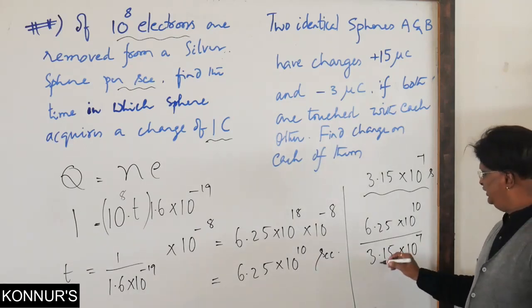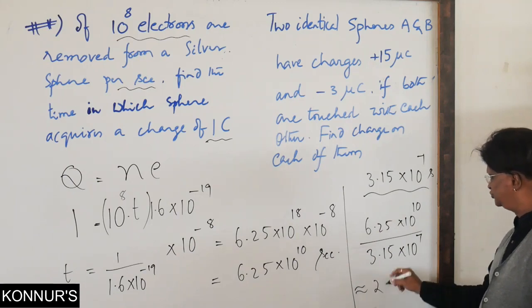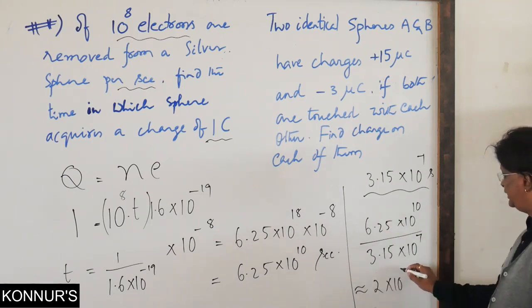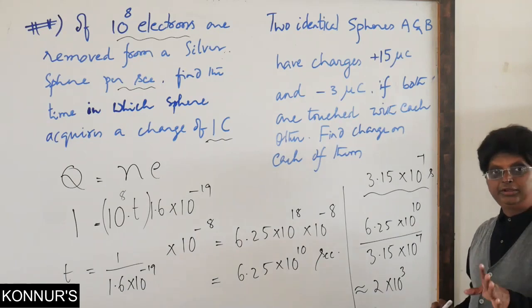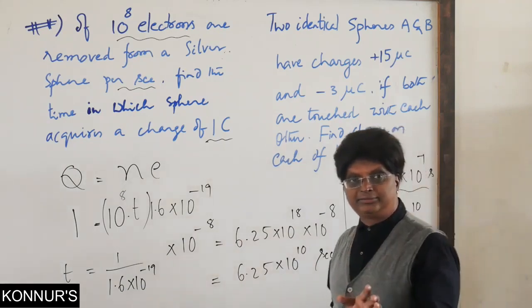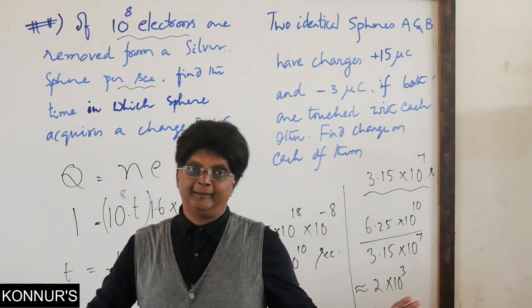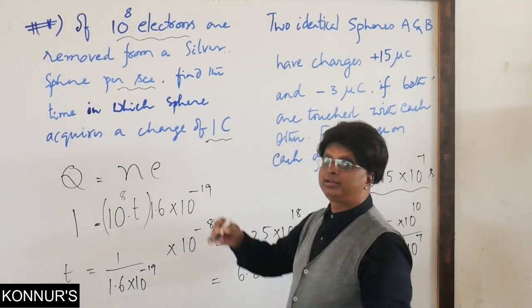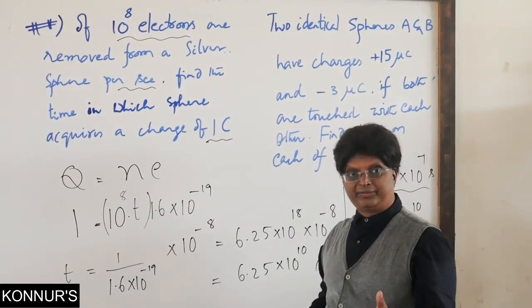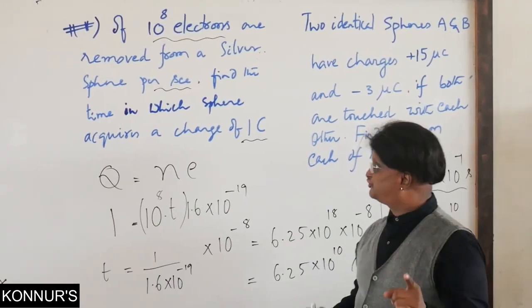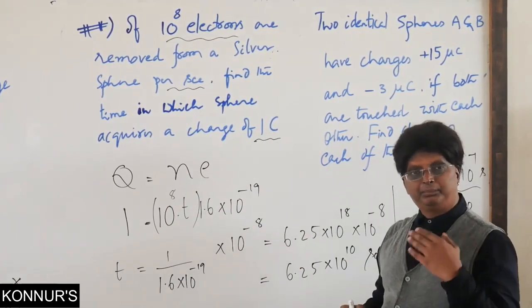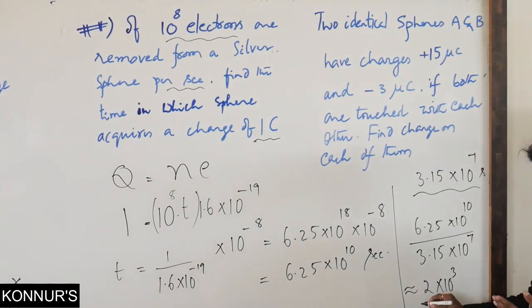The number of years you get is nearly 2 into 10 raised 3. That is nearly 2,000 years. Can you estimate that number? Even at the rate of 10 raised 8 electrons removed per second, to acquire a charge of 1 Coulomb, believe me, we are getting 2,000 years.